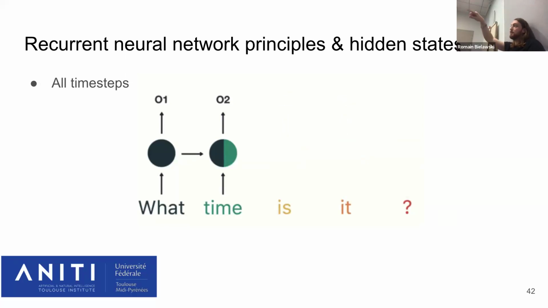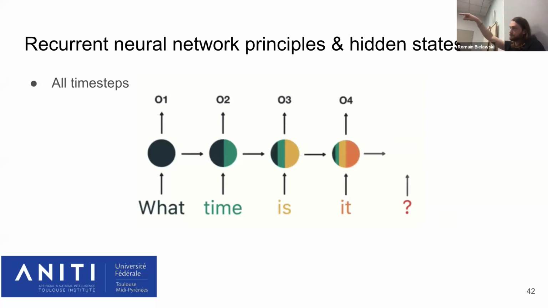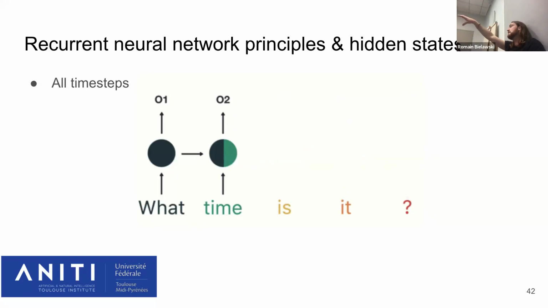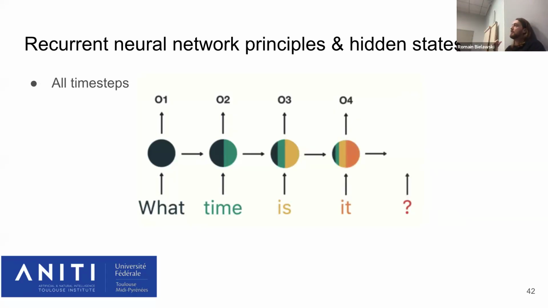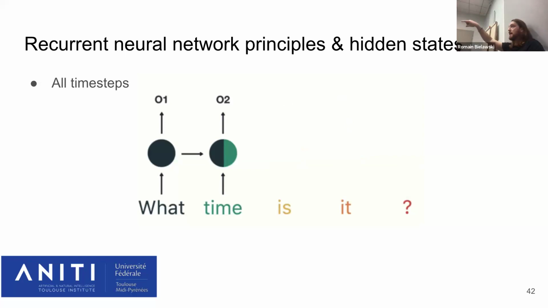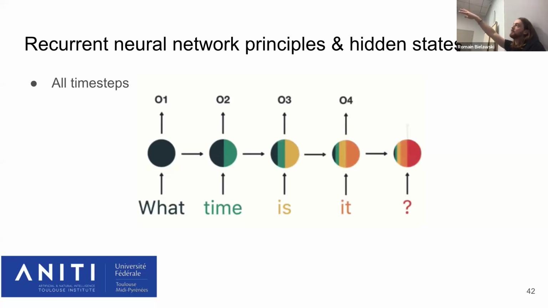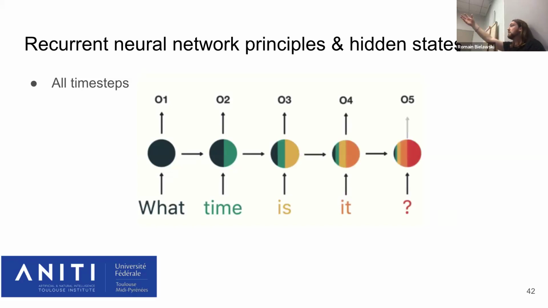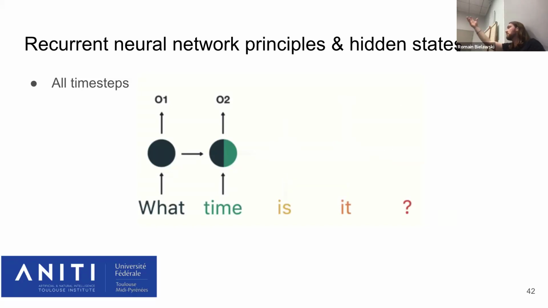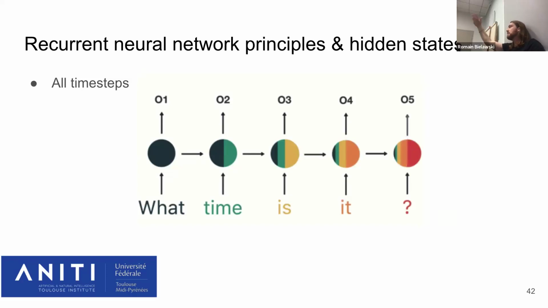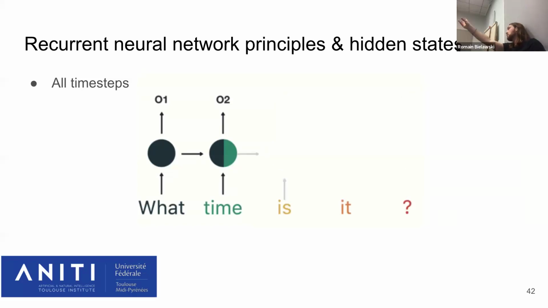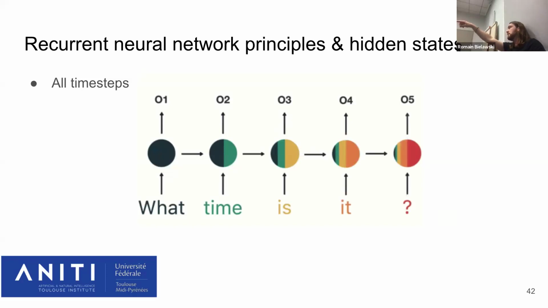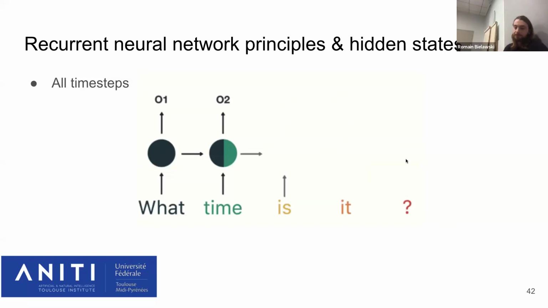It's going to do that for all the tokens in the sentence, so that in the end it generates a vector based on the hidden states that represents all the previous words in the sentence plus the last word. Then we're going to use only the fifth output, which could be a new vector that we have decided to create in a certain way, or just the raw last vector that has been created, this one.